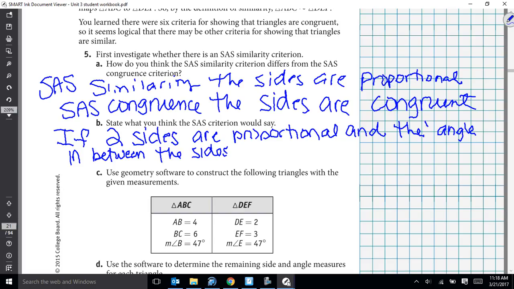I'm going to add the word corresponding. All right, so if any two corresponding sides are proportional and the angle in between those sides are congruent, then what do we know about our triangles? They are similar.